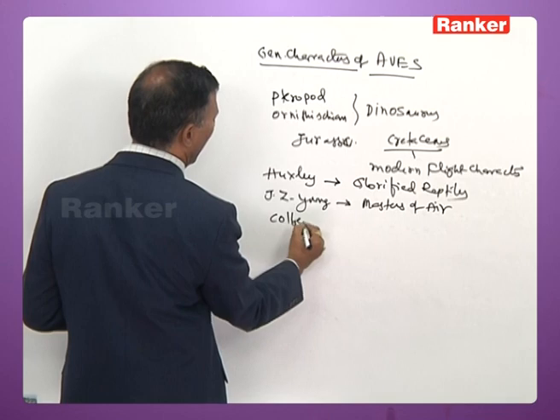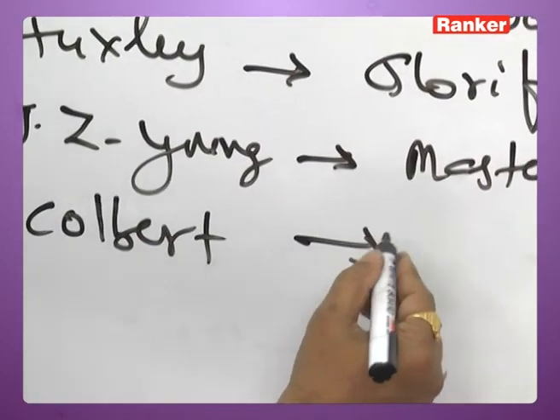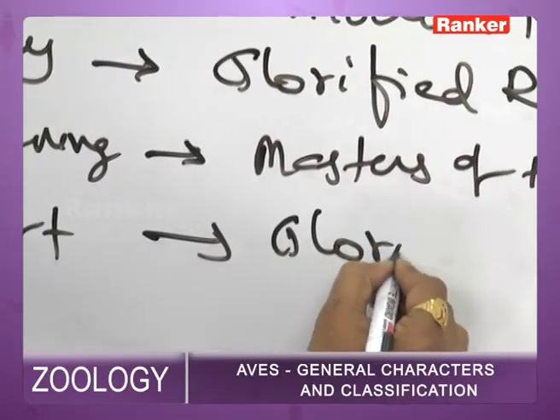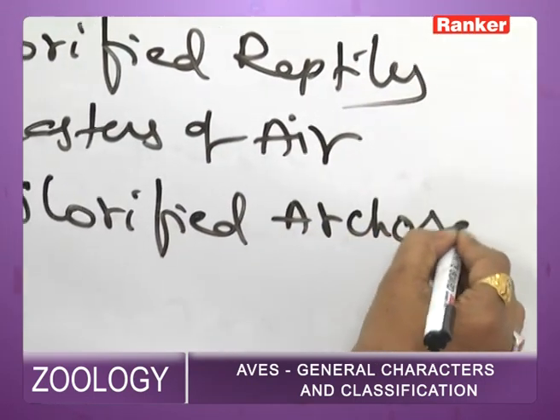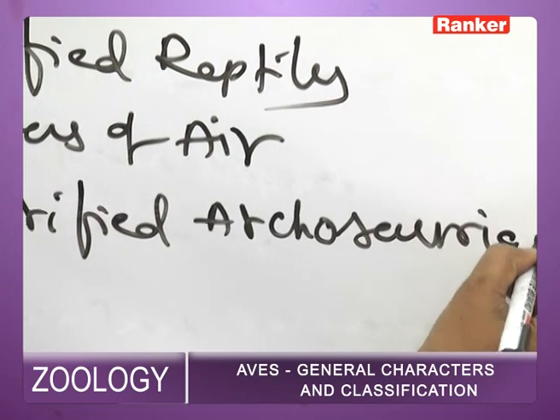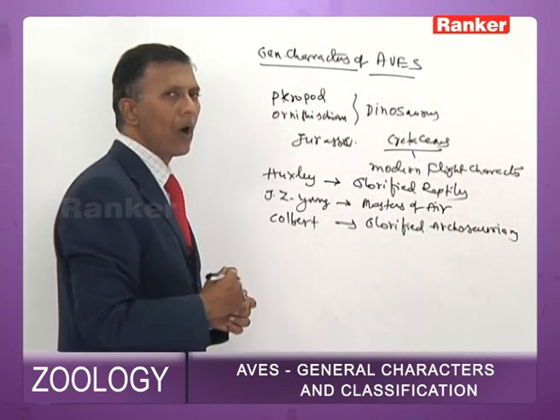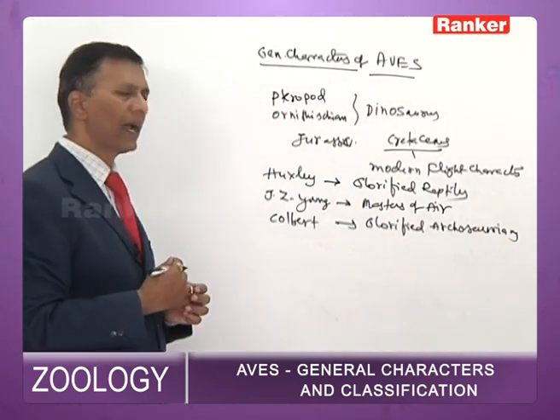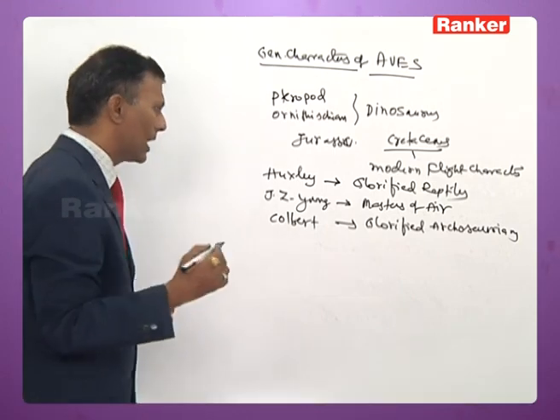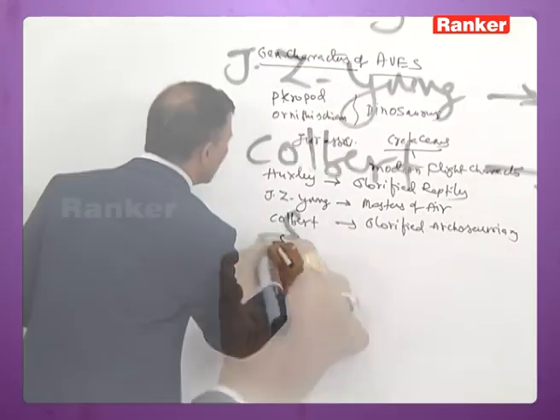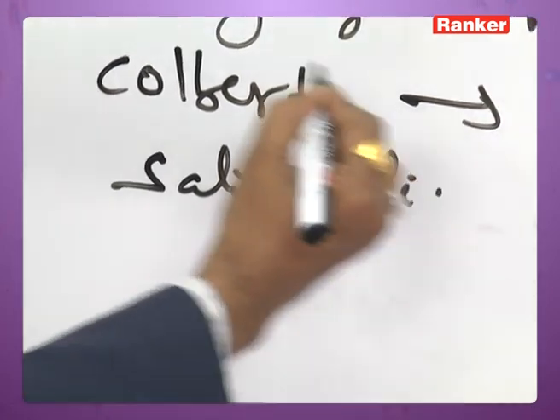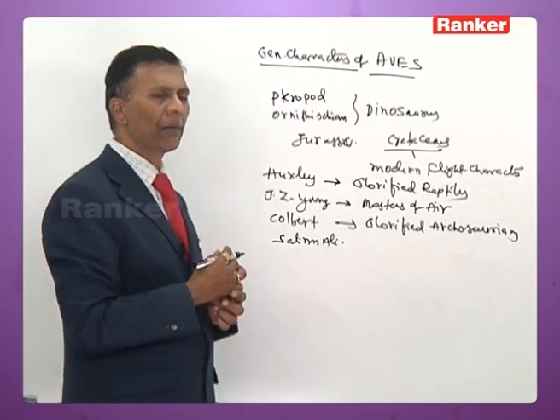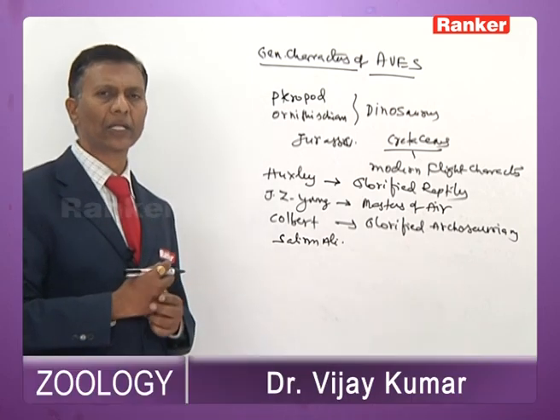Colbert called the birds glorified archosaurians. Salim Ali is called Birdman, or considered the father of ornithology.